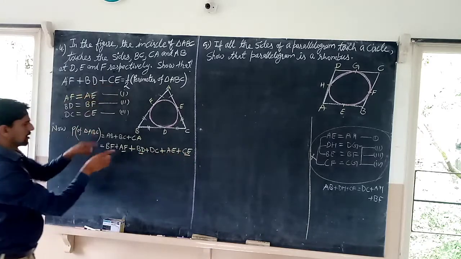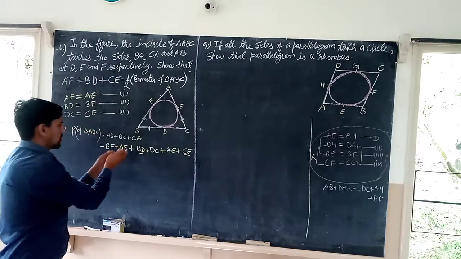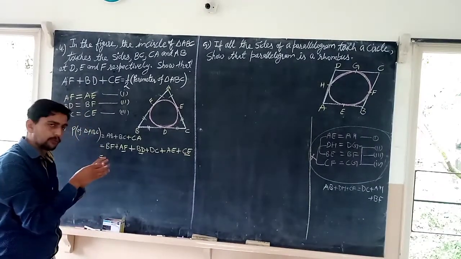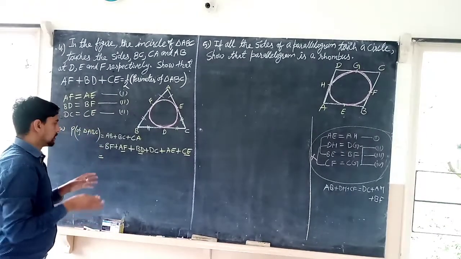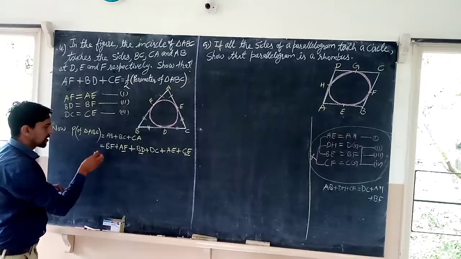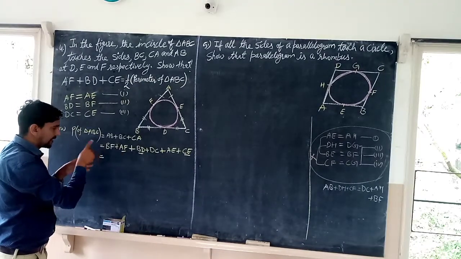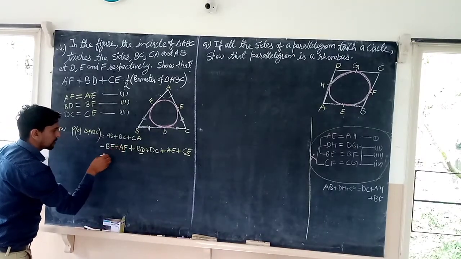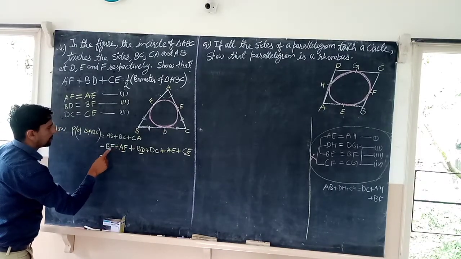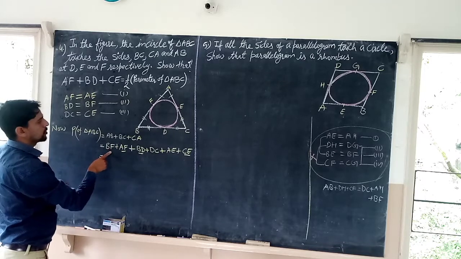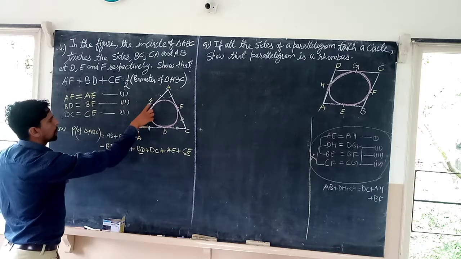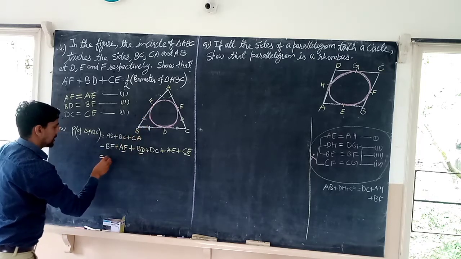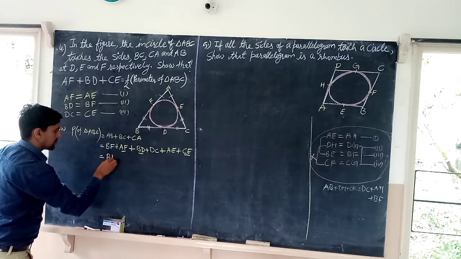I'm just writing down what are the things that we need, so we don't have to eliminate those, and we will keep them with us. But the things that we don't need, we can substitute other values in their place. So now BF, what can I substitute in place of BF? In place of BF, I can substitute BD.